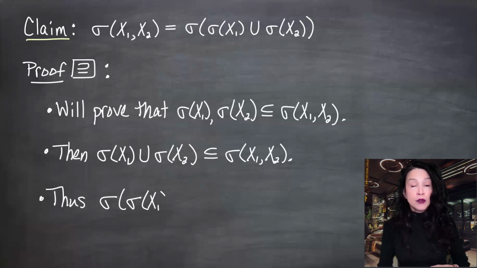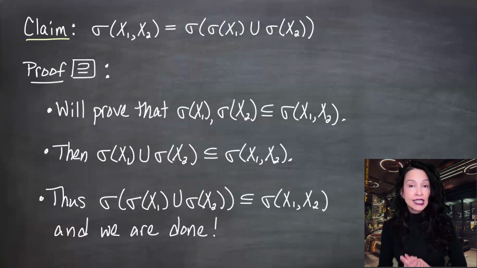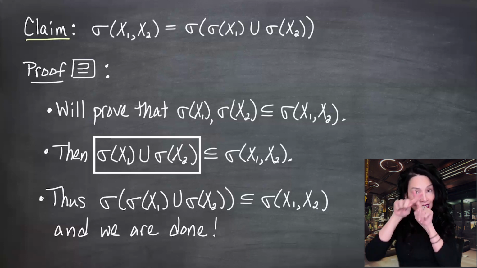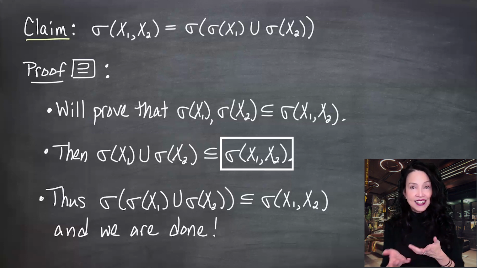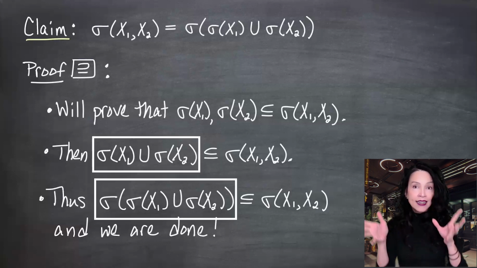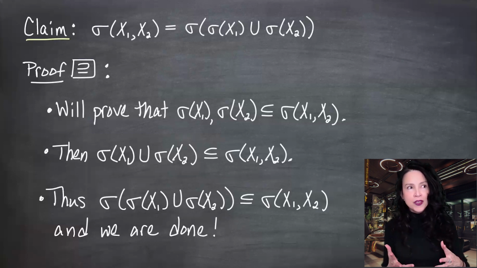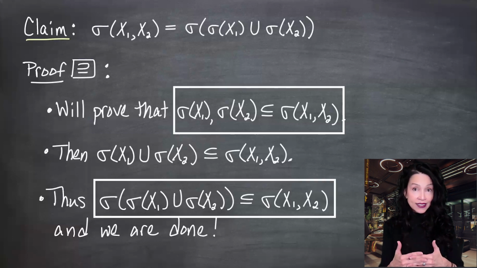And we are done, because the sigma field generated by the union of these two sigma fields is defined to be the smallest sigma field containing that inner collection. And this is a sigma field containing that collection. So the smallest sigma field containing that collection has to be contained in that bigger sigma field. We're not done with the proof. We're done with showing why showing this is going to get us what we want.